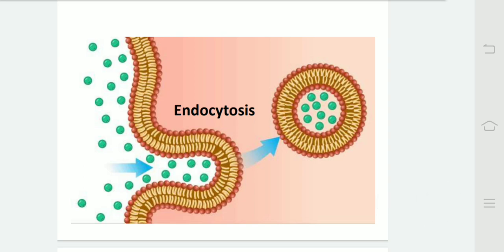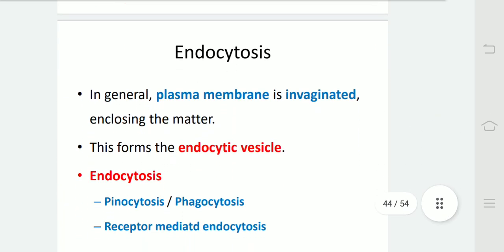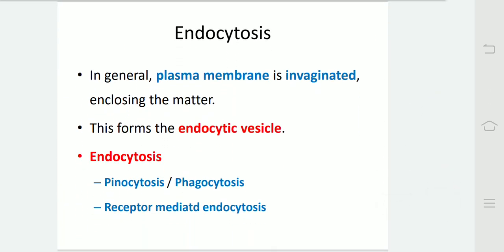In this diagram, we can see endocytosis. In general, the plasma membrane is invaginated enclosing the matter. This forms the endocytic vesicle. Endocytosis may be pinocytosis, phagocytosis, or receptor mediated endocytosis.